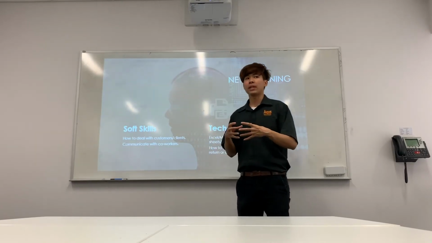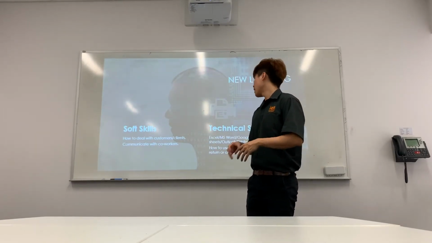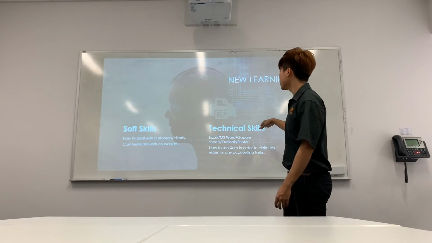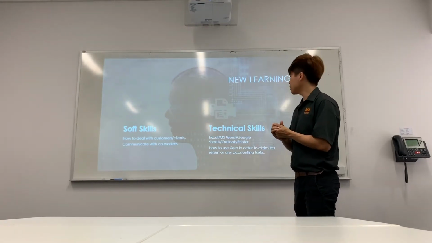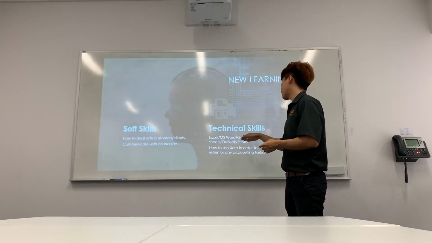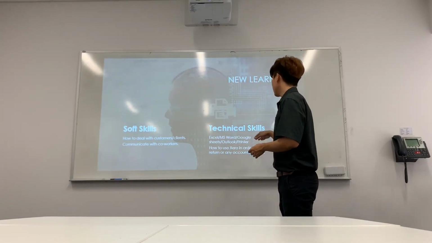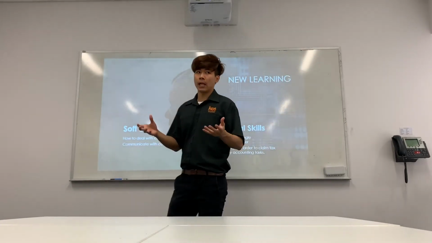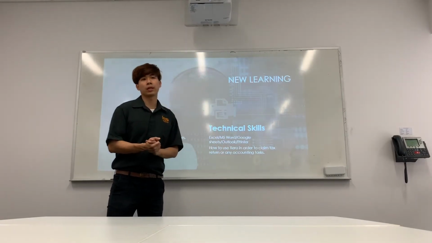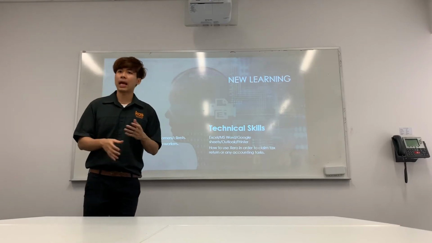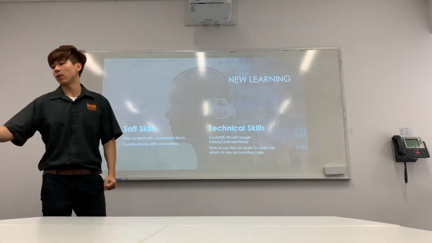So I need to communicate with them efficiently. And the next one is the technical skills. I can use Excel and Microsoft Office, as well as Google Sheets, Outlook, and the printer. For the technical skills, I can use Xero to claim the tax and do any accounting task as well.